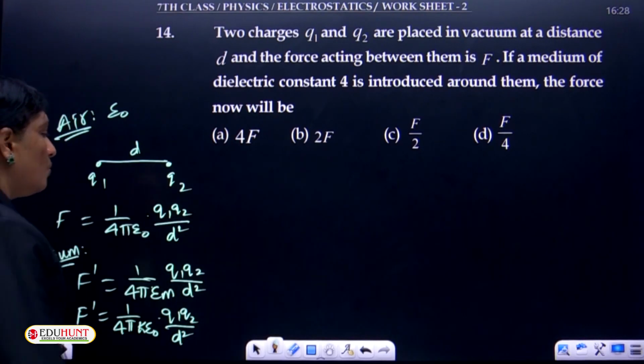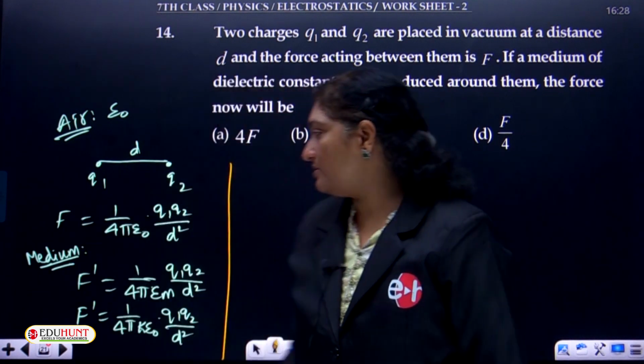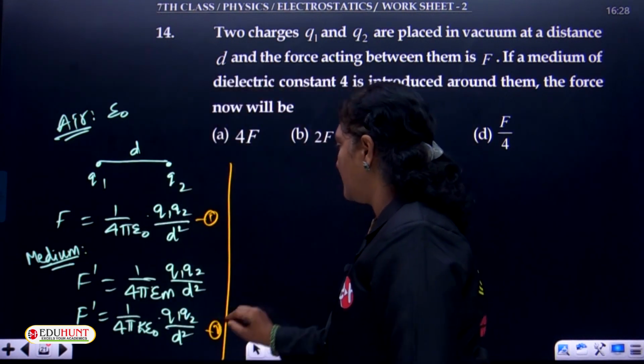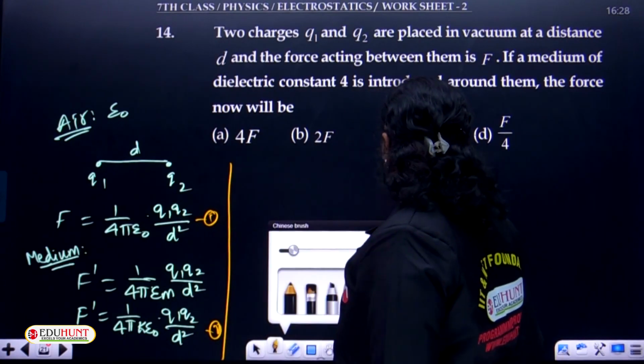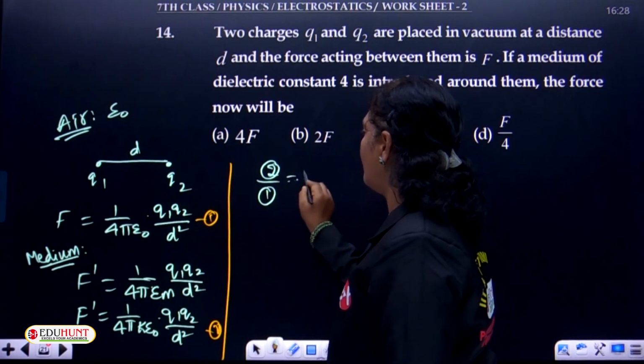In order to find the new force, let us divide the two equations. Let this be the first equation and this be the second equation. Dividing equation 2 by equation 1, let us see what happens.